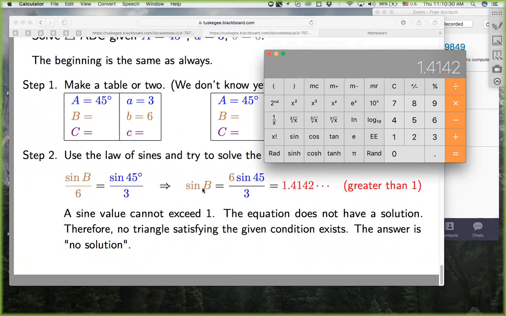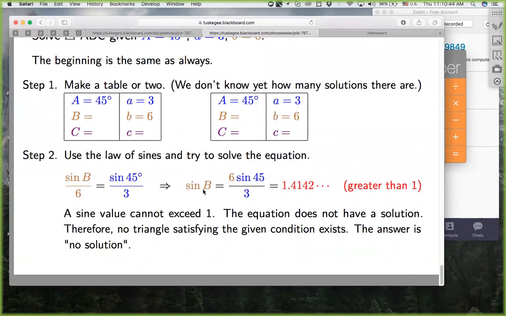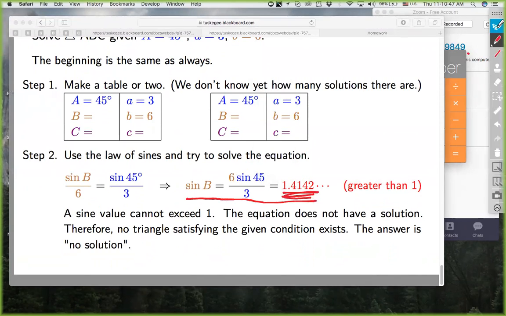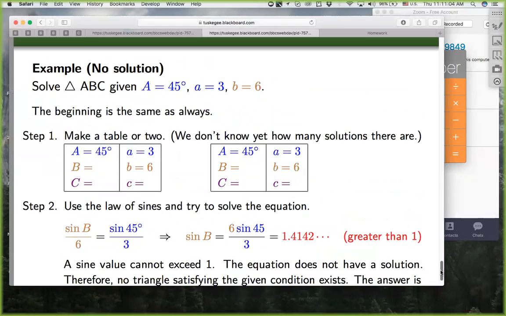So this is a sine equation. So try to take this inverse sine value of this number. See what happens? Not a number. No angle, okay? So that's when you know there is no angle. So no angle means no solution. No solution for this equation. So there's no first solution. If you don't have first solution, there's no second solution either. So this is the case when you have no solution.